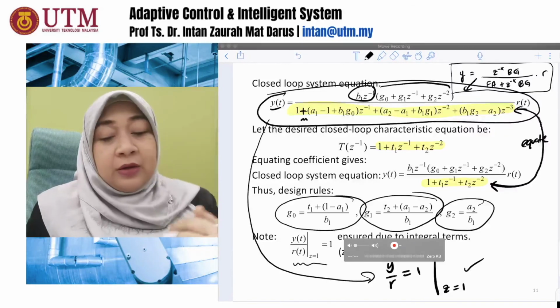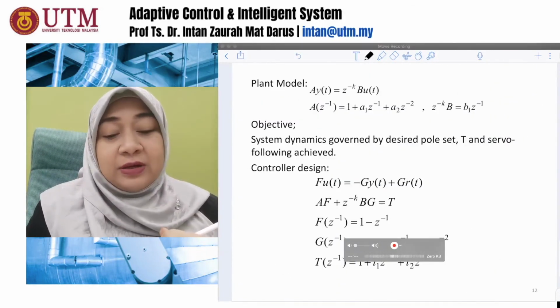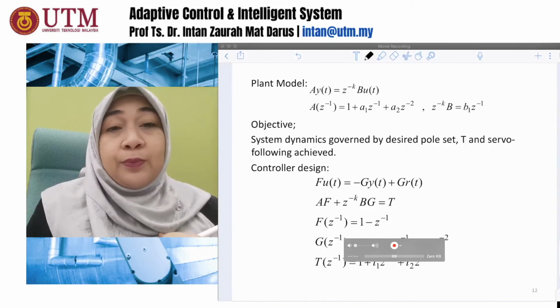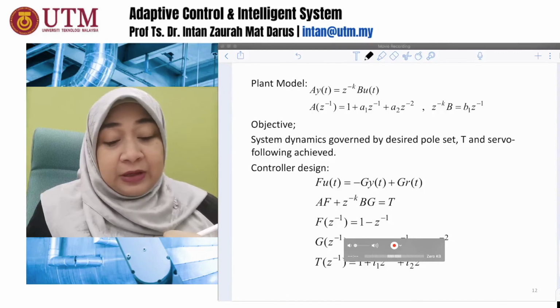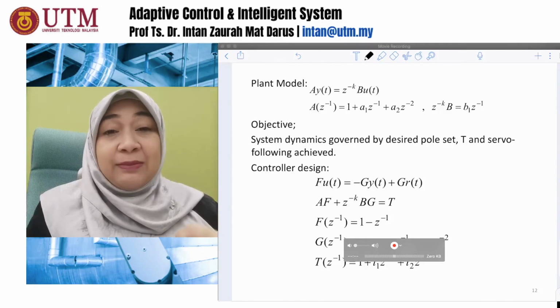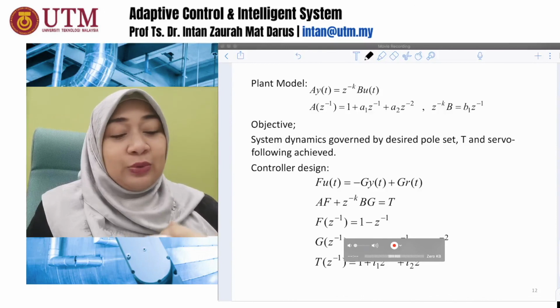So again, what you do is you have your plant model, then you have your transfer function with polynomials A and B. Your objective is to design a system so that the dynamics of your system are governed by stable poles. We've done that.